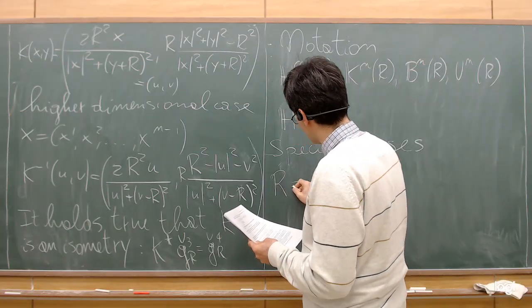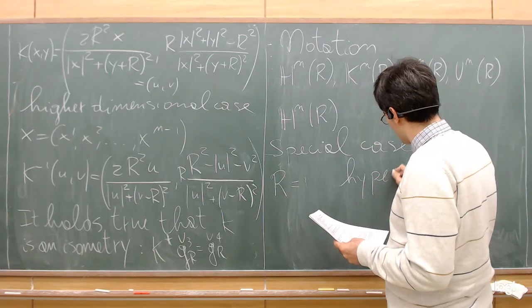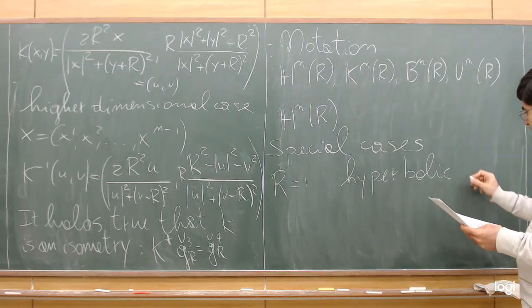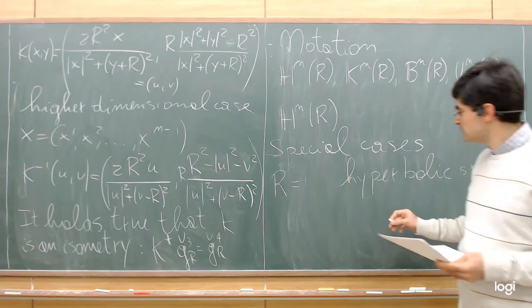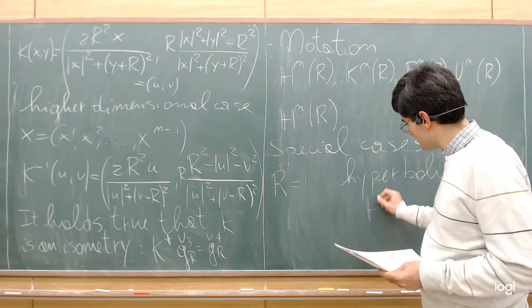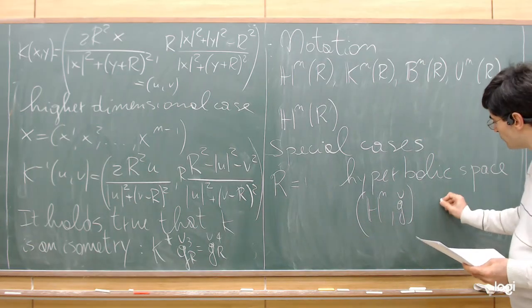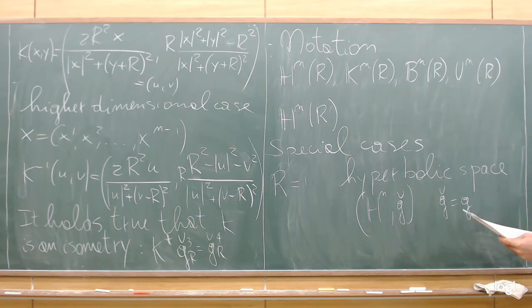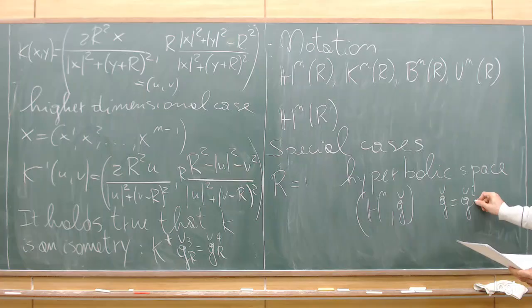If R is 1, then we just use the expression hyperbolic space, and the notation is this: Hn Gcache, where Gcache, of course, is the metric you are using with a 1.